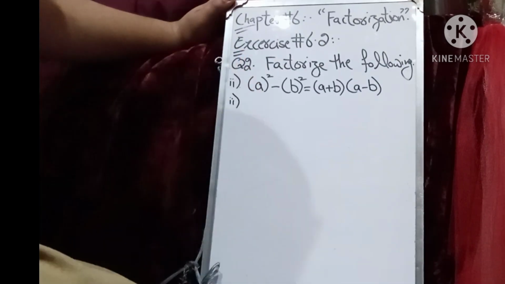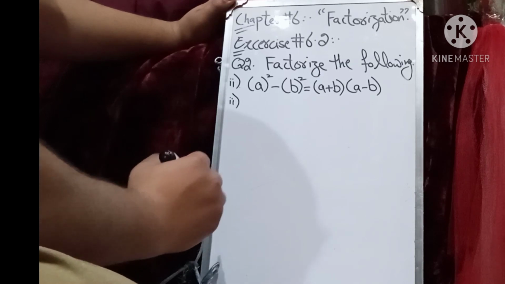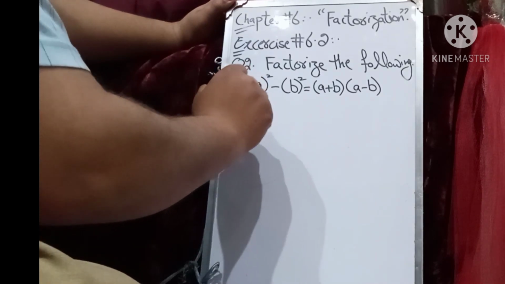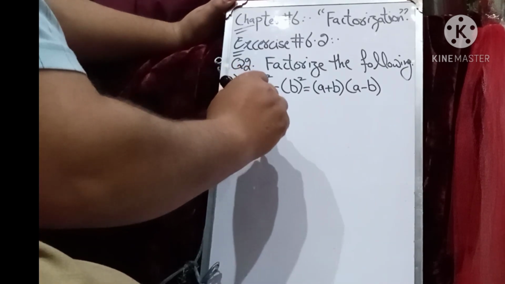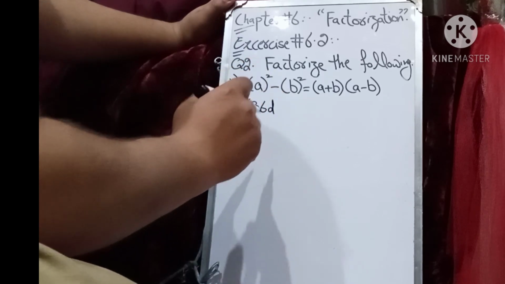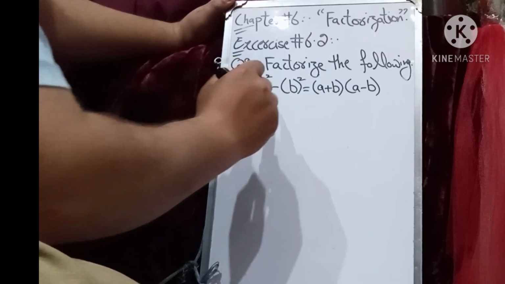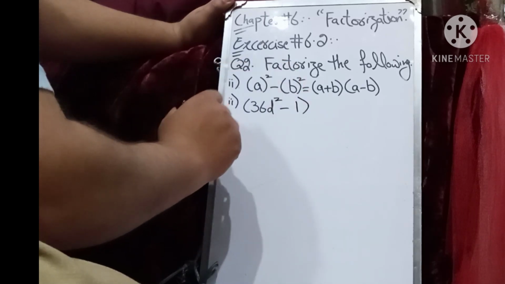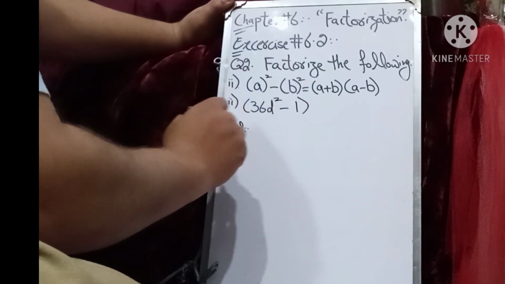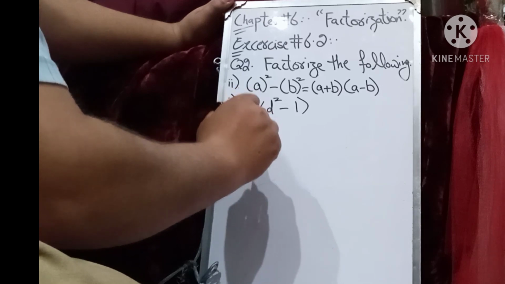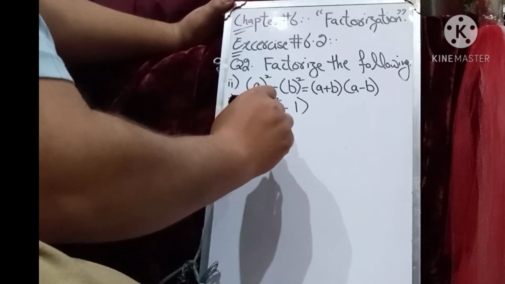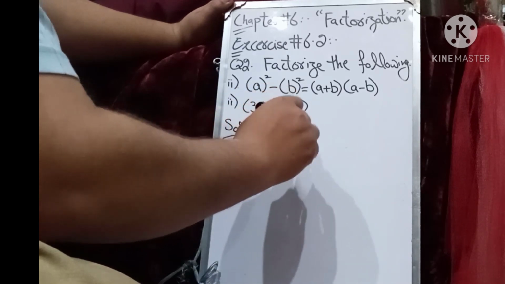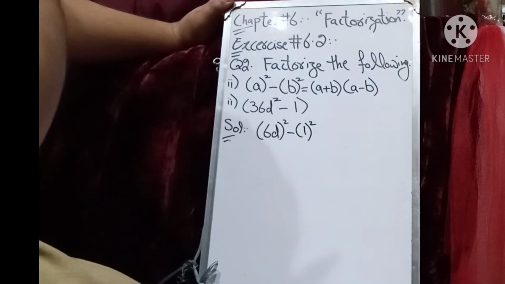In the next part we know that the formula of a square minus b square is equal to (a plus b) into (a minus b). So in the next part we have 36d square minus 1. So you know that 36 is the perfect square of 6.